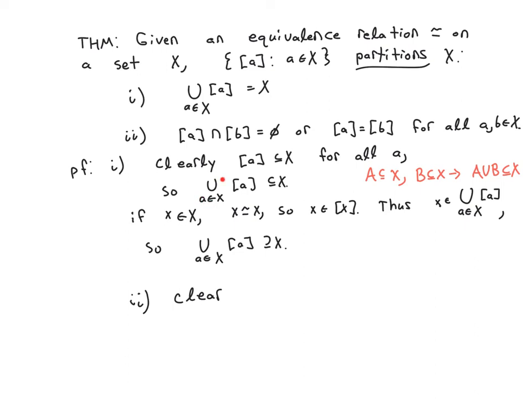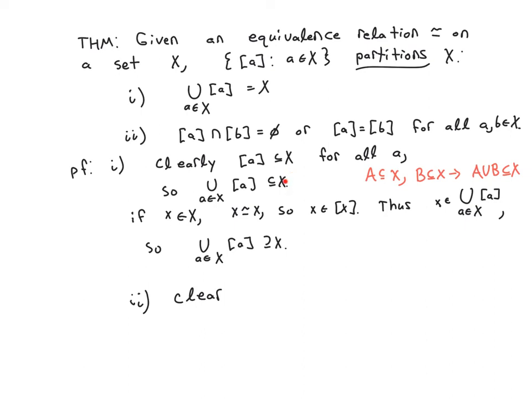Why? Because if you take an element in this collection, it must be an element in at least one equivalence class. Since that equivalence class is a subset, that element is also in X. QED.